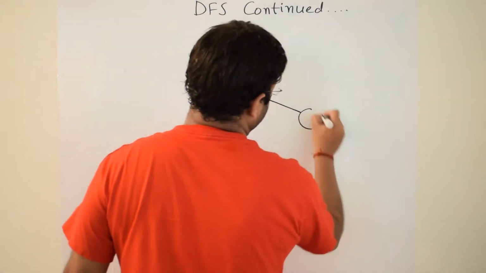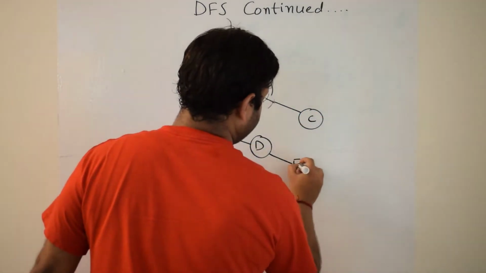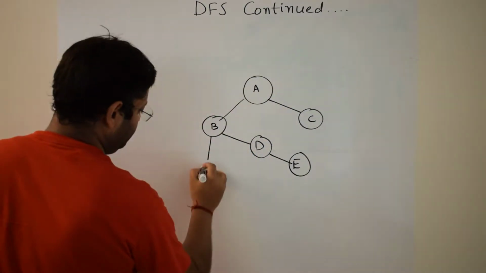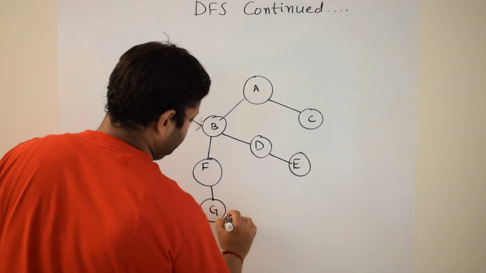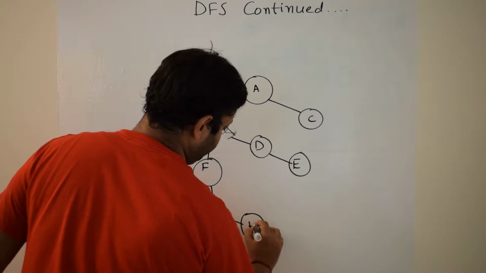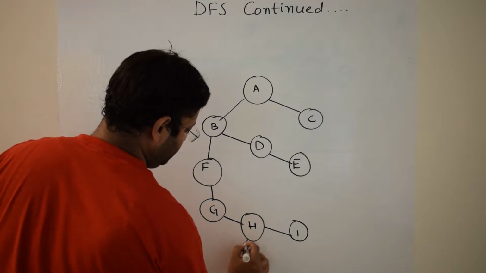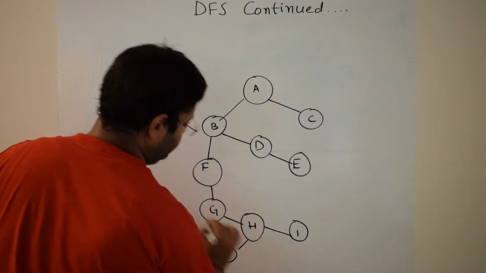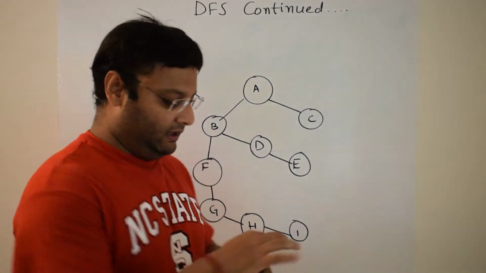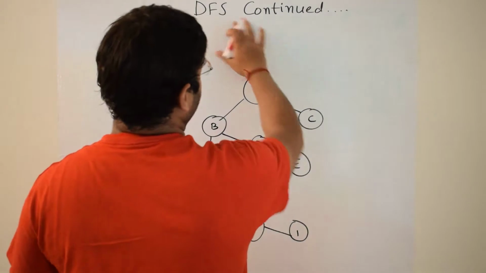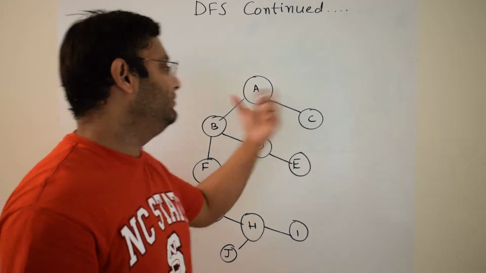Let it be C, let it be D, E, so finally we have a graph. Now I'll apply this DFS algorithm to this graph and we'll see how DFS actually formally works.